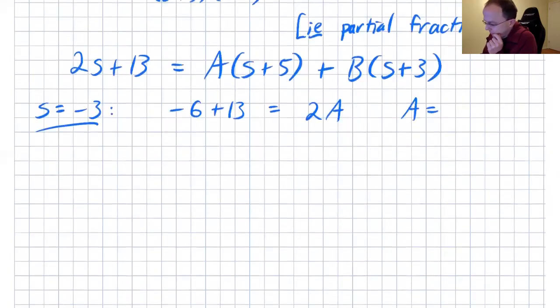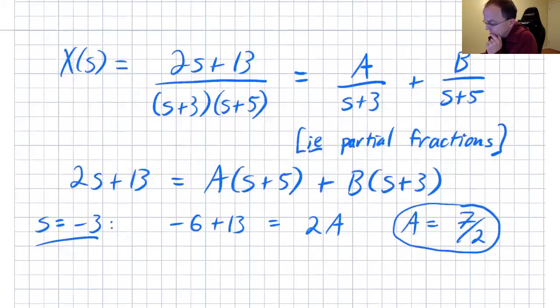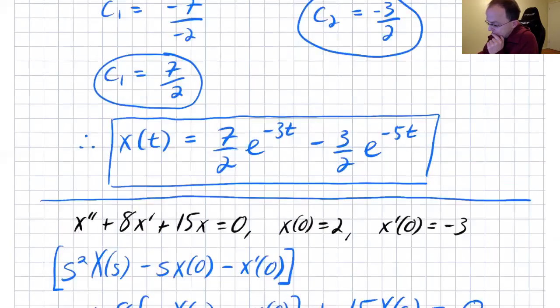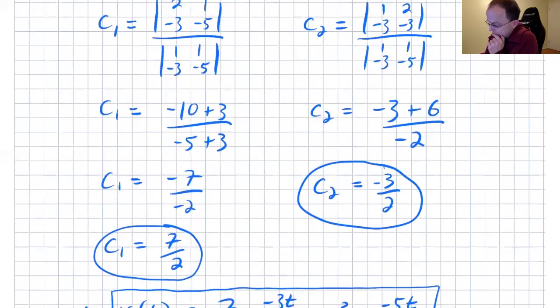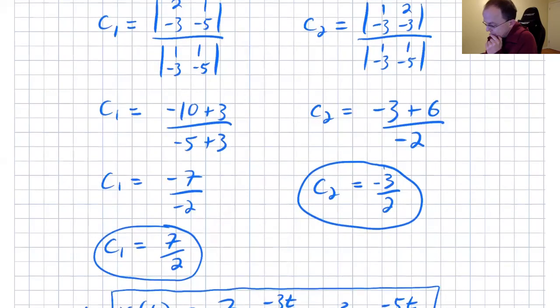Anyway, we'll see what we get. So we get 7 on this side, 7 divided by 2. So it's 7 over 2. That's the C1 coefficient that we were looking for. So it's actually this one here. 7 over 2.